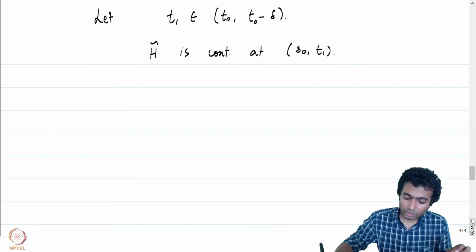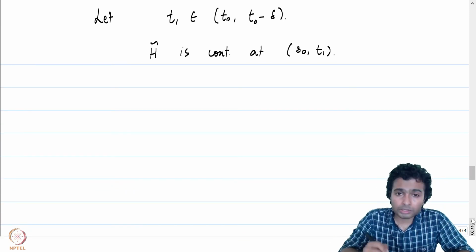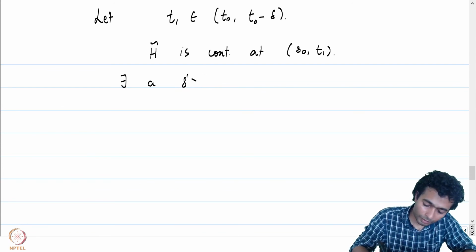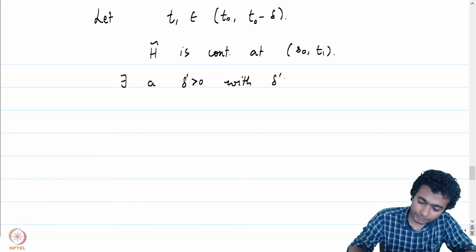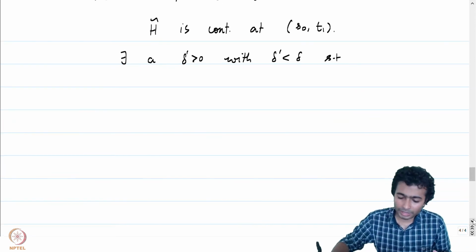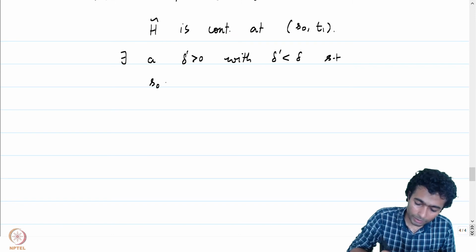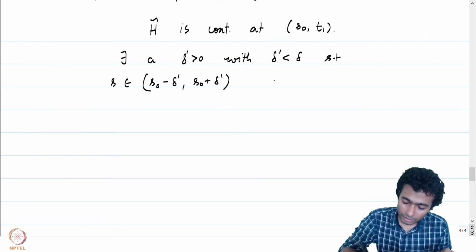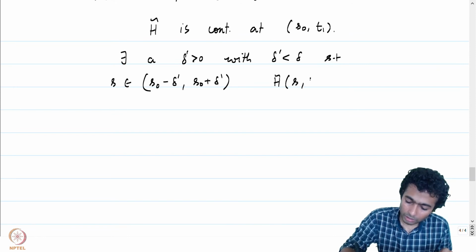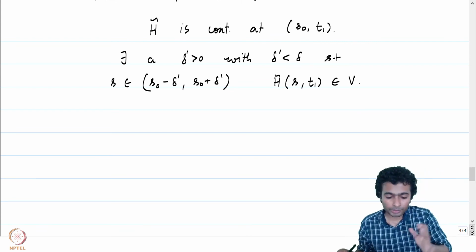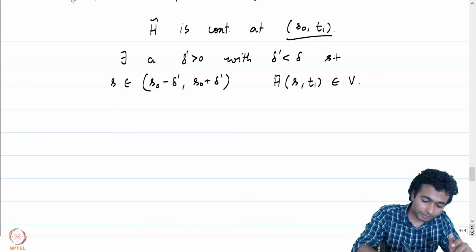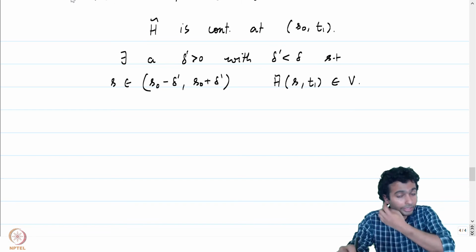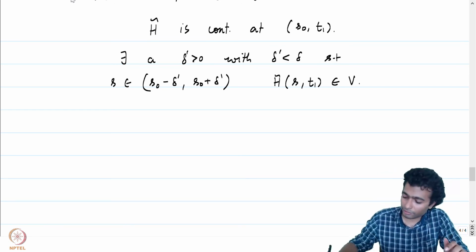So let's focus on the point s0 comma t1, and because it is continuous, there exists a delta prime positive, with delta prime less than delta, certainly, such that for s in (s0 minus delta prime, s0 plus delta prime), h tilde of s comma t1 belongs to capital V. Notice that we have crucially used the fact that h tilde is continuous at the point s0 comma t1, and also the fact that h tilde of s0 comma t1 belongs to V, and that is the reason why we have one such delta prime. So you can pick a delta prime which is less than delta, and it will be clear why that is being done.